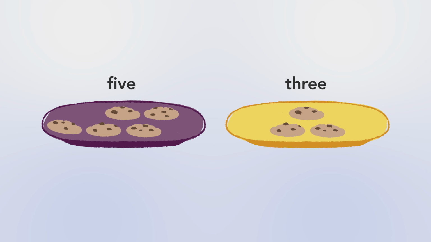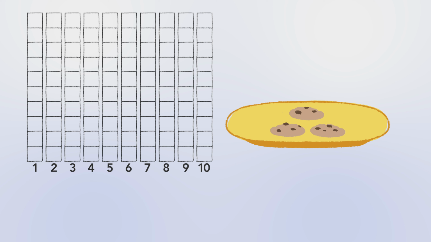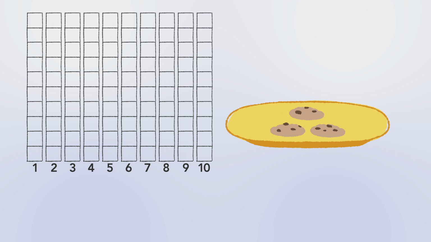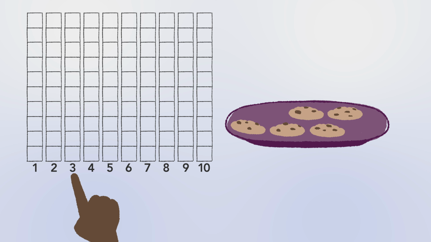Then, to make the comparison between the amounts even more clear, you use the chart to count the 3 cookies, saying, "Let's count the 3 cookies here on the chart." Pointing to each numeral and column of dots as you go, you arrive at the total amount and name the set as 3 cookies. Then, you use the chart to count the set of 5 cookies in the same manner.